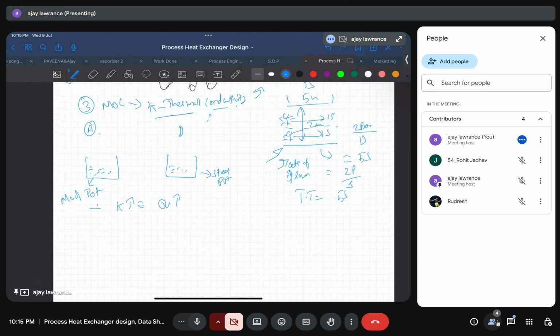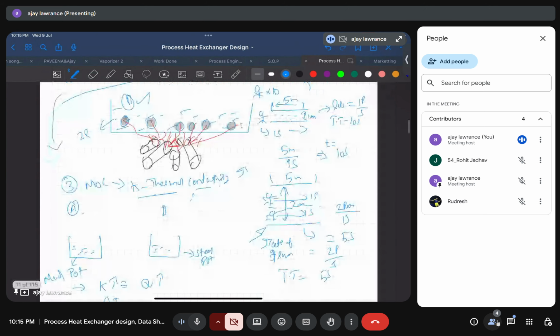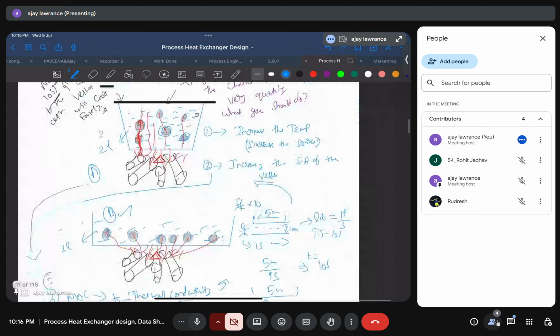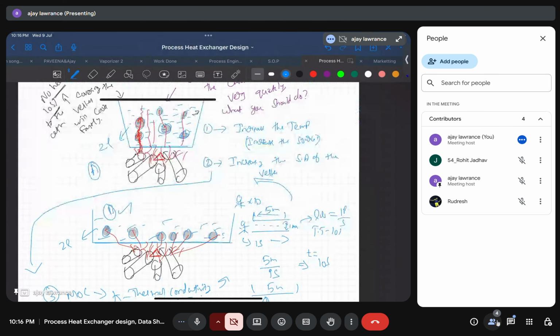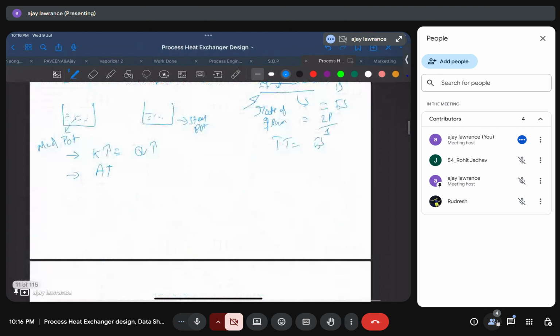If the surface area is less in one case and more in the other, then with the surface area, that is the heat transfer area, increasing, the rate of heat transfer also increases. So if area is more, Q is more.